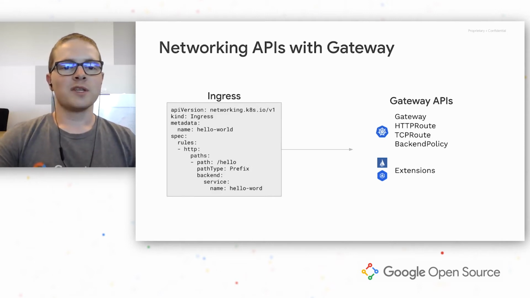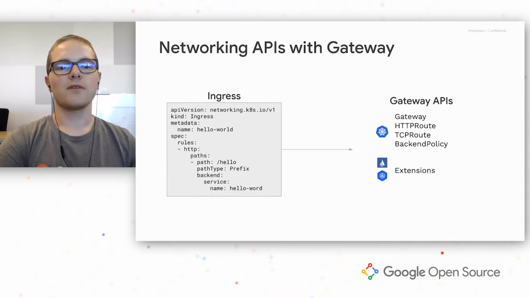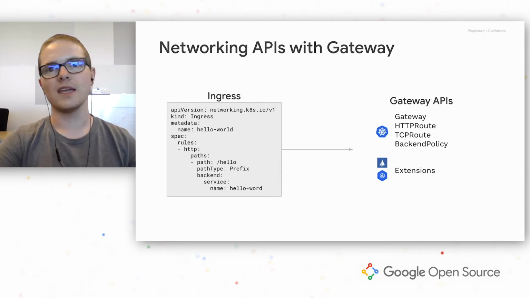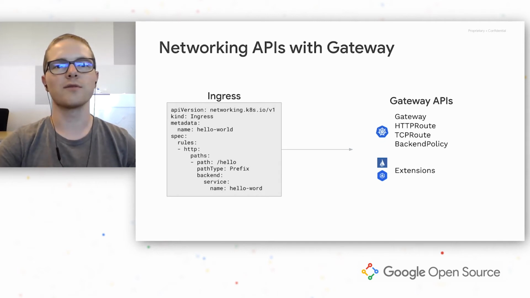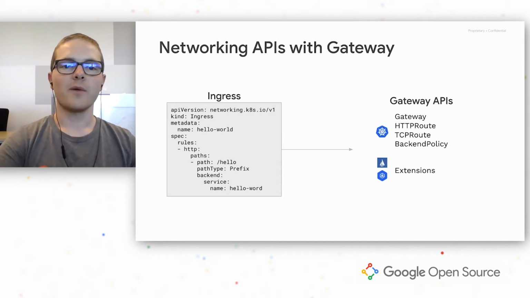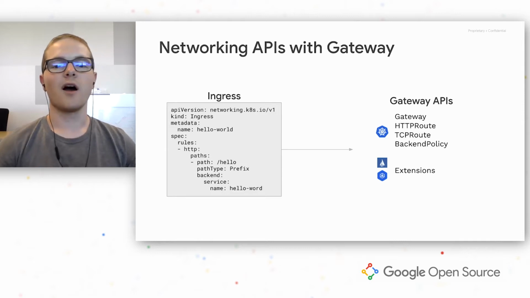The idea here is we want to take the learnings from all the different Ingress controllers and apply those to a new API that will be part of the Kubernetes ecosystem, whether that's in core Kubernetes or a Kubernetes official CRD. That way we'll once again have a common API that's shared amongst everyone, but we won't have the problem that it's the lowest common denominator, too simple for most use cases, like Ingress.